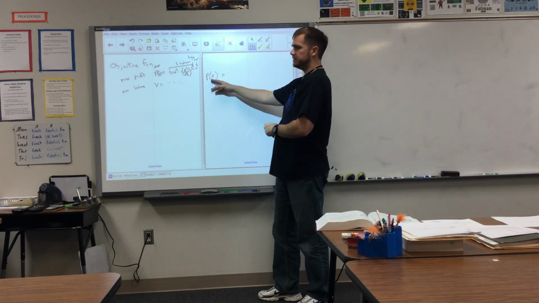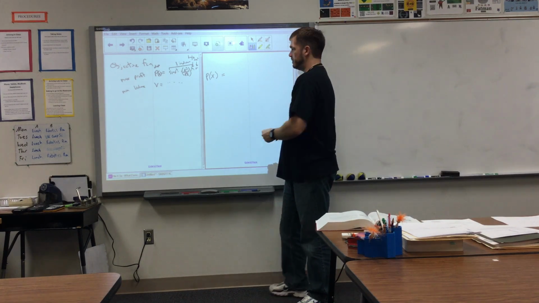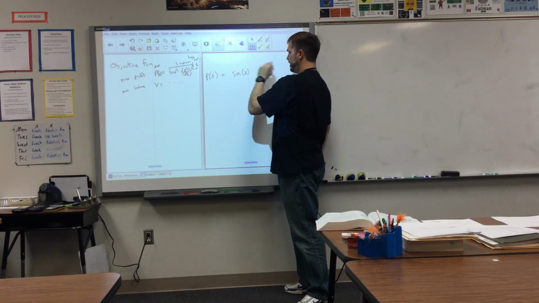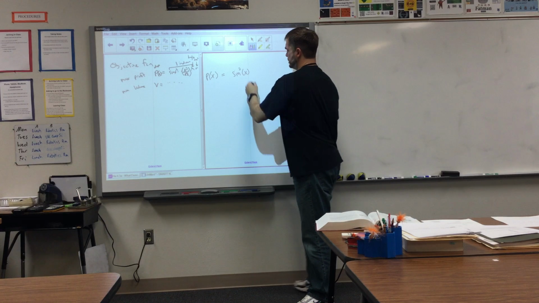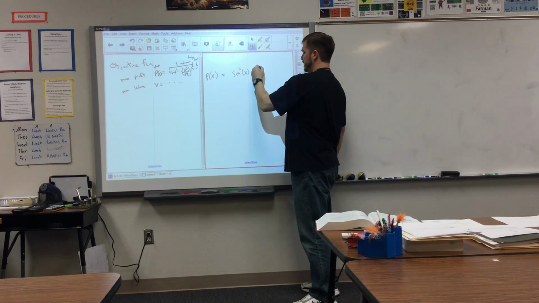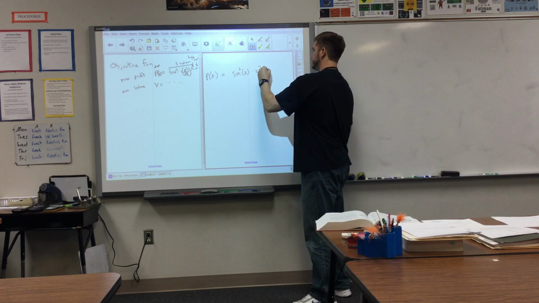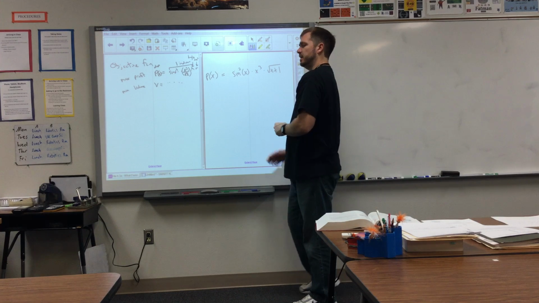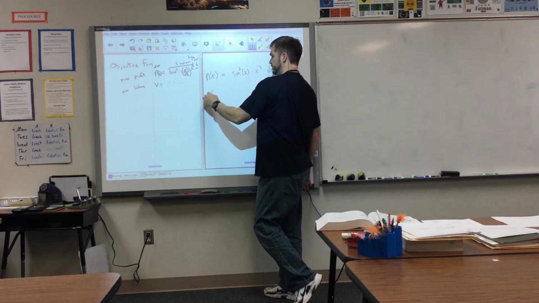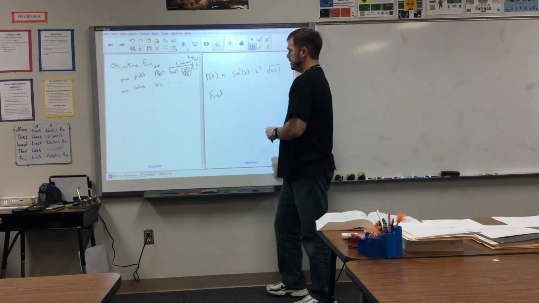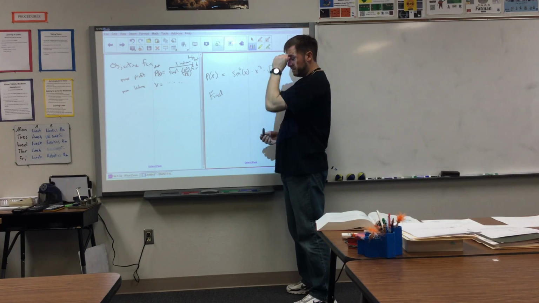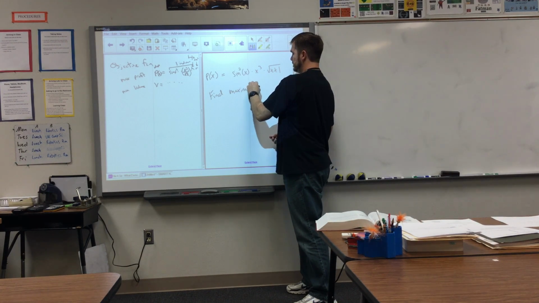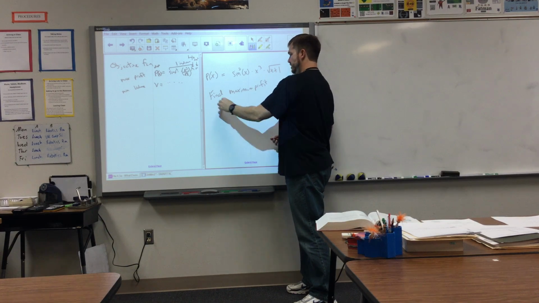The profit as a function of x, where x is the number of people, is sine of x squared, sine squared x times x cubed times the square root of x plus 1. And I want you to find, that's probably a terrible question, but just for whatever this is, find the maximum profit that you can make.